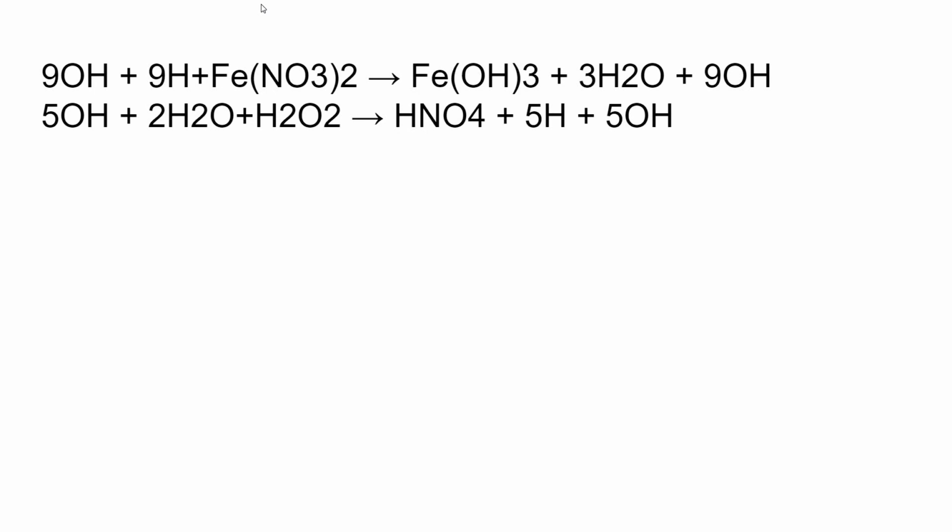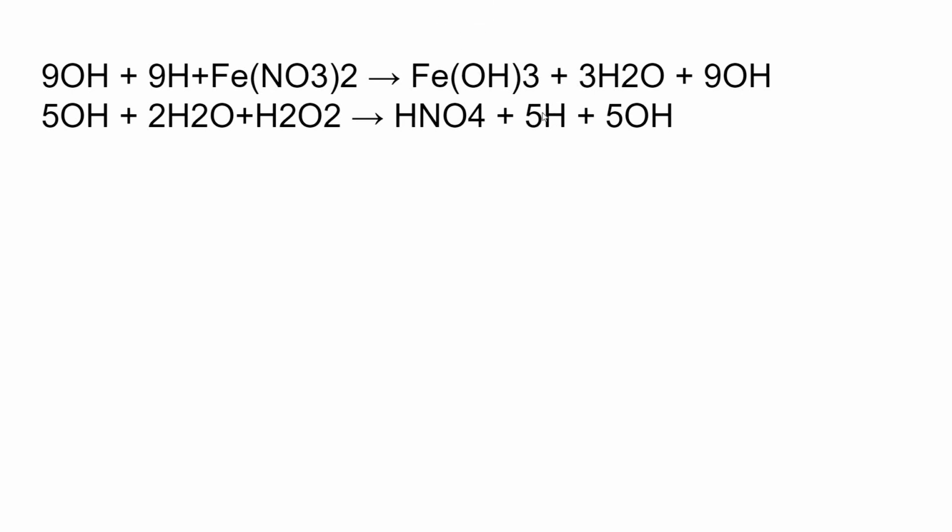Now, the reasoning behind adding OH groups, I do not know. That's just how chemistry works. But after you balance out the oxygens and the hydrogens, you have to add OH groups based off of how many hydrogens you have. And you have to add the OH groups to both sides of the equation. Not just the hydrogen side, but both.